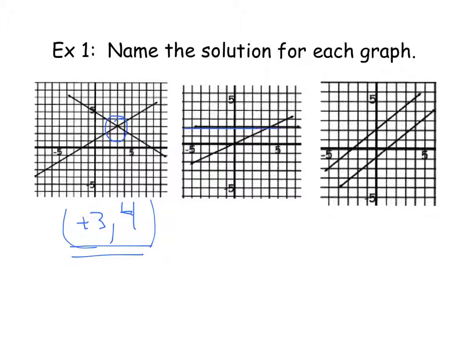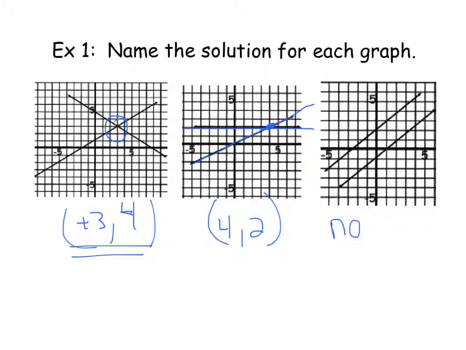Here, there's a line here, in case you can't see that very well, and a line here. So that point of intersection is where it makes both of them true. So (4, 2). You are going to run across some different types of systems though, like this one. Two parallel lines will never have a point of intersection.